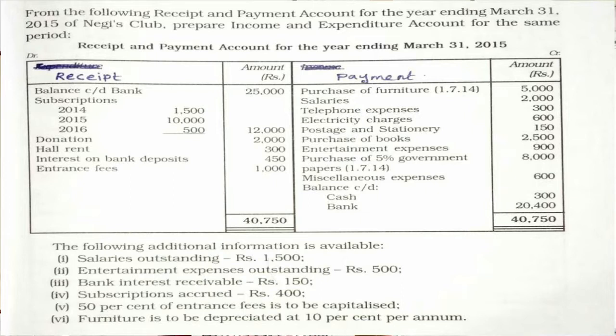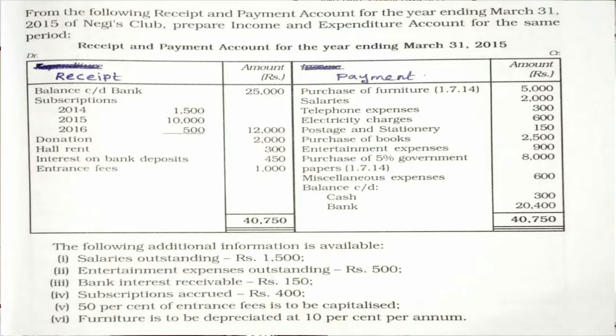1/7/2014, rupees 5,000. Then salary, rupees 2,000. Telephone expenses, rupees 300. Electricity charges, rupees 600. Postage and stationery, rupees 150.